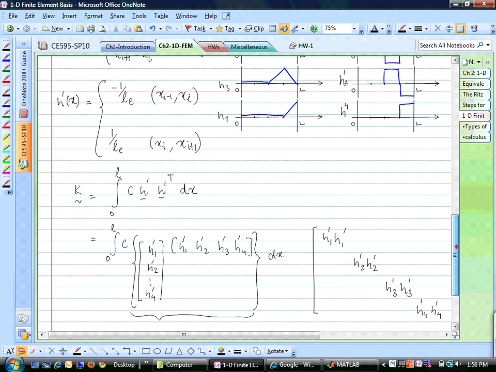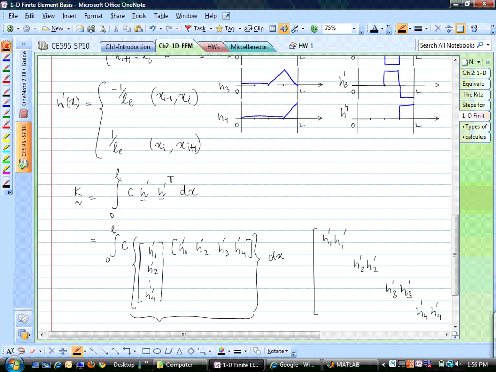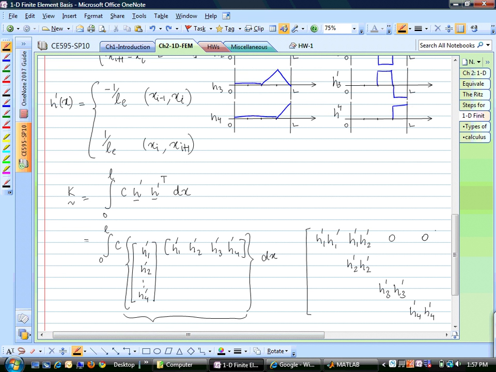So the only non-zero component in the first row is H1 prime and H2 prime. H1 H3 prime is 0. H4 prime is also 0. And since it is symmetric, I'm not going to even try to look at the lower triangular terms.